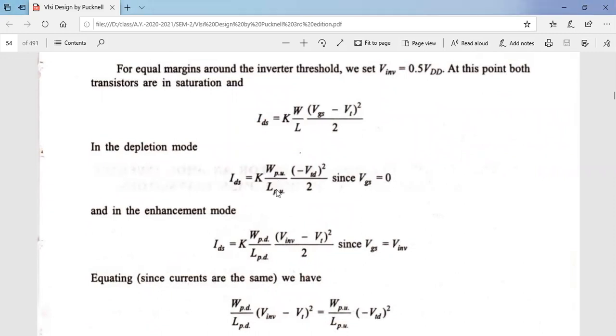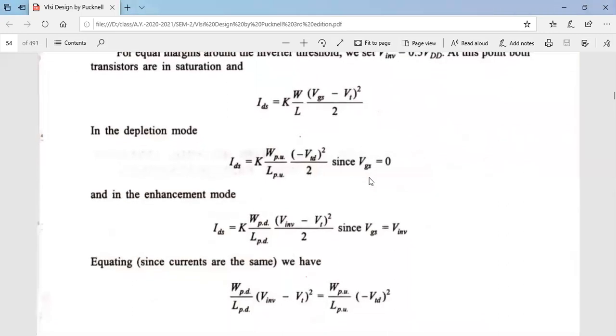For the pull-up, I am substituting VGS as 0, so it is minus VTD whole square. Minus VTD becomes VTD square only, since the minus is taken away when squared.